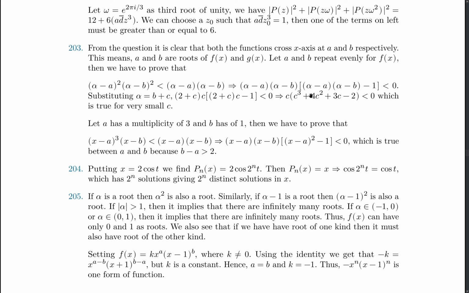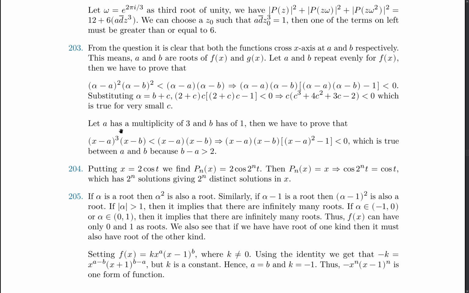So when c is very small, this quantity would be less than 2. Otherwise, if it grows, then c will be positive and this will be negative. Okay, so that's how we arrive at that.